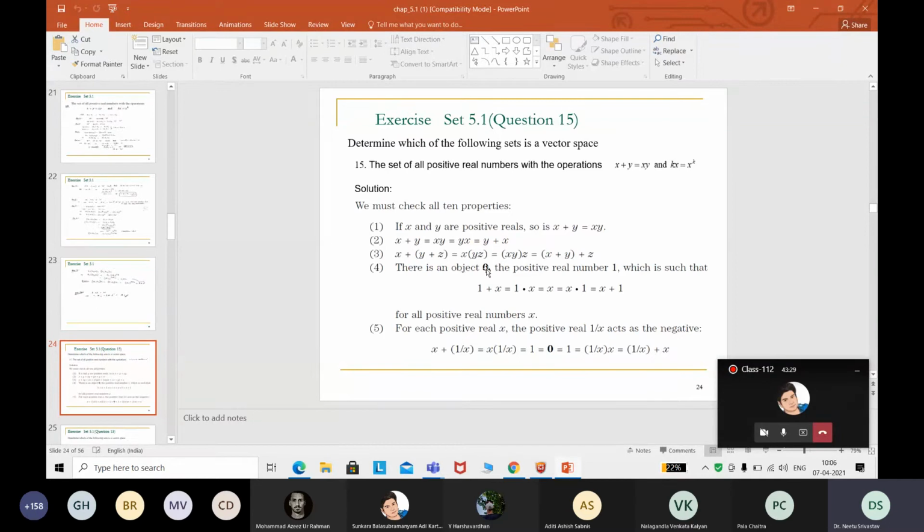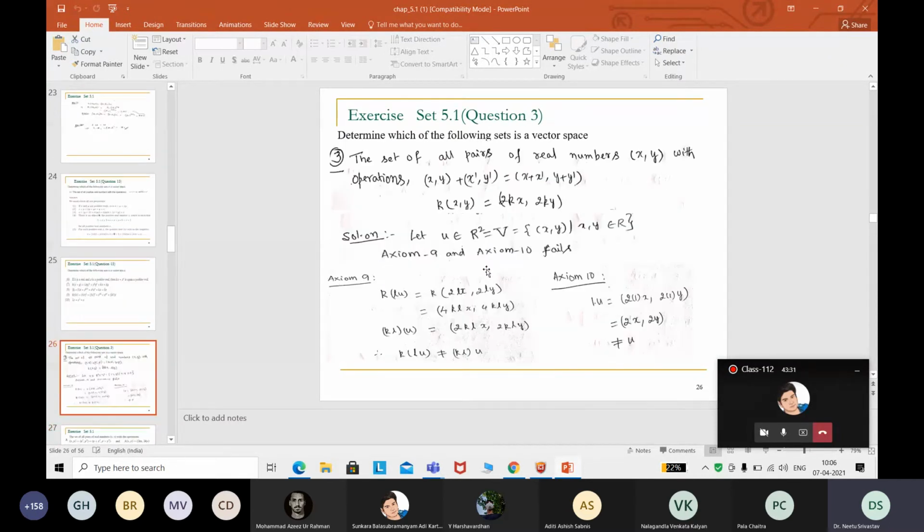Now let us come to the next question. There are a few more questions which are given there. Please try those questions. This question is also there. Here it is saying that axiom 9 and 10 fails. Axiom 9 and 10, please check. It is failing there. In this third question, 1 into x, again it is not going to be x only.